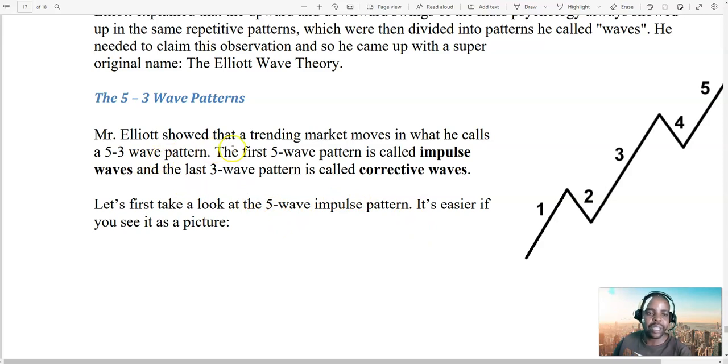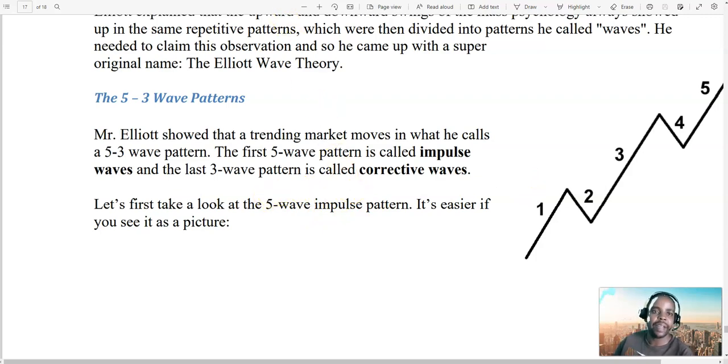Mr. Elliott showed that a trending market moves in what he called a 3 or 5 wave pattern. The first 5 wave pattern is called the impulse, the one that you see on the screen on your right hand side. The last 3 wave pattern is called corrective waves.